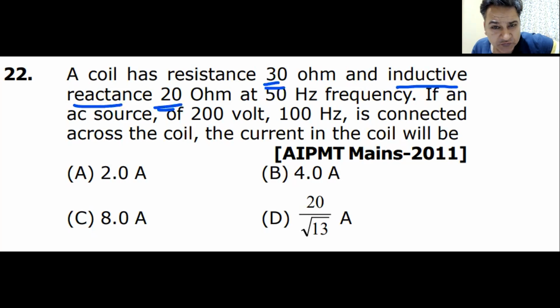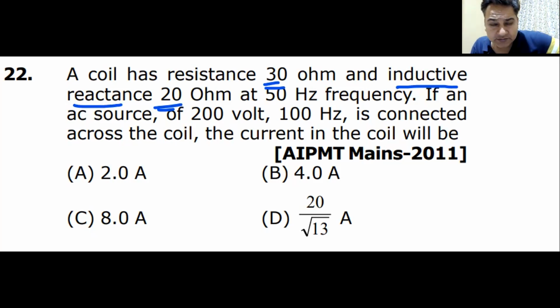So you can find the value of Z. Z will be equal to root of 30 square plus 20 square. I can take 10 out, so it will be 3 square plus 2 square. 3 square is 9, 2 square is 4, 9 plus 4 is 13. 10 is out, so it is 10 root 13.